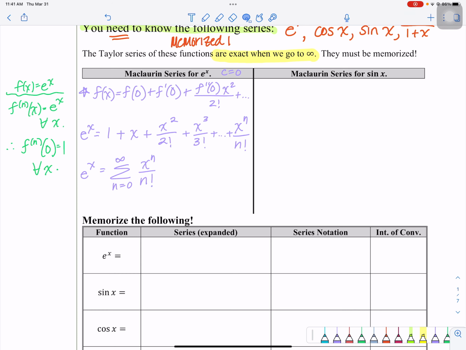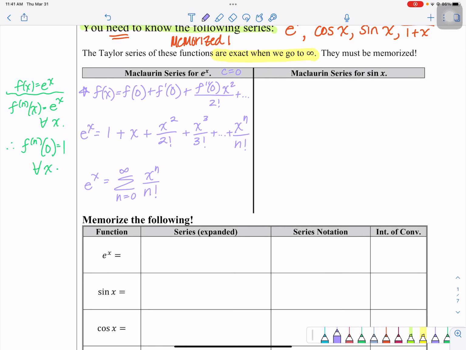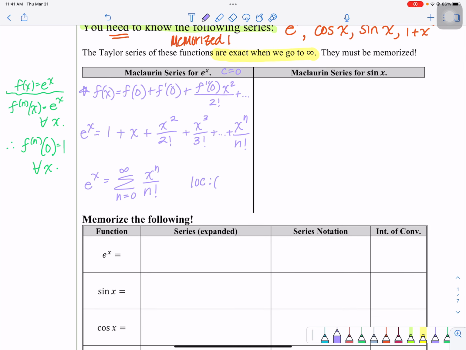Let's also mention here that the interval of convergence is going to be negative infinity to infinity.